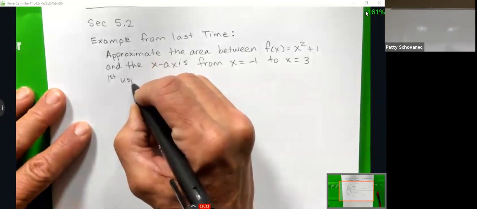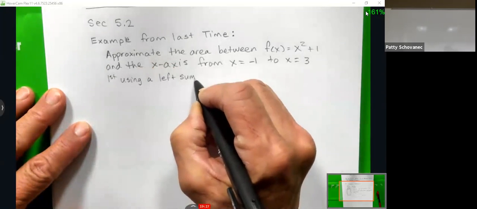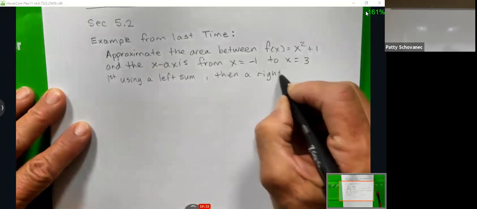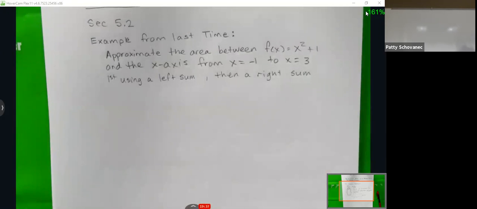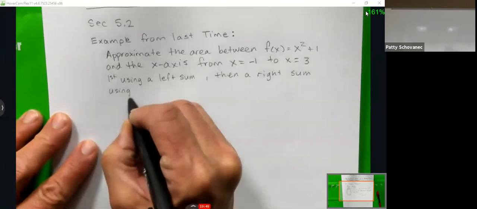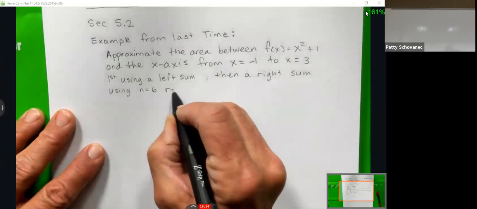And we did this first using a left sum, then a right sum, with 4 rectangles, and then we repeated it with 8 rectangles. So this time let's do it using n equals 6 rectangles.